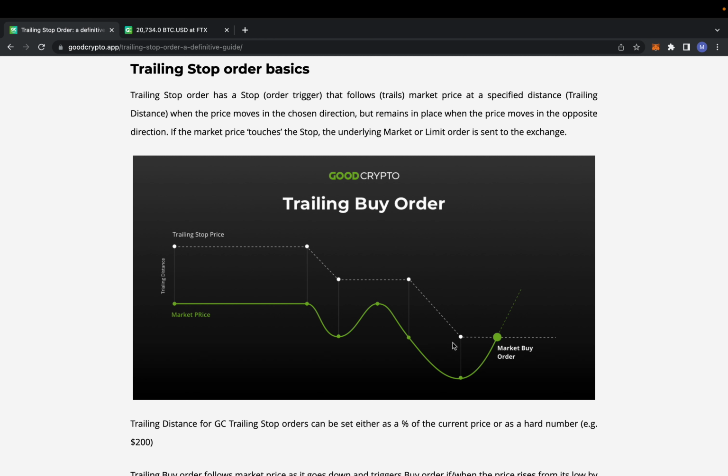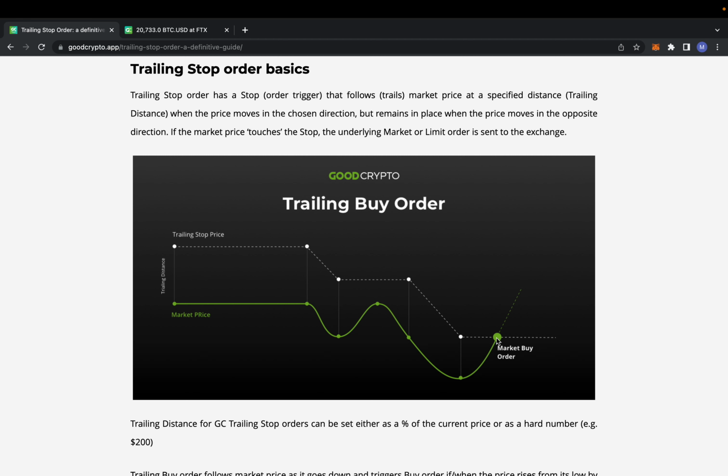Again, when the price was moving in your favor, so you were buying, the price was falling, the trigger was moving down, following the trail in the market price. Once the market price moves in the opposite direction, the trigger stays in place. And once the price went higher up enough to touch the trigger that stayed in place, of course, the order was triggered, and basically the system sent a market buy order.